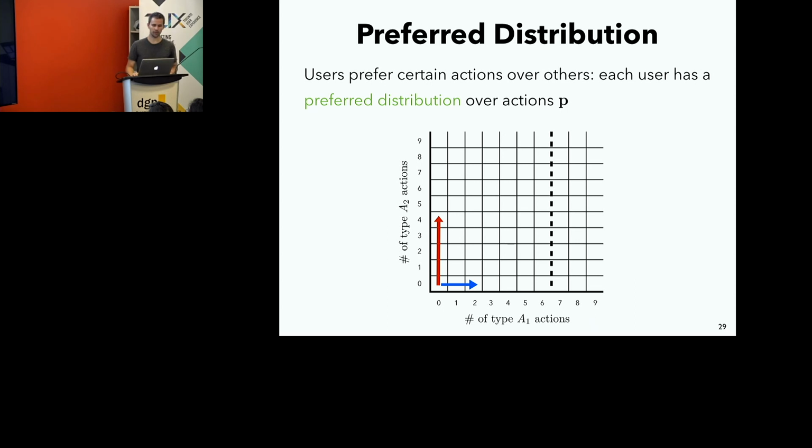And users also have preferences for actions. So the way we model this is that they have a preferred distribution over actions. So absent everything else, they would just choose to go in a certain direction in space. Here I'm going to represent that with this purple arrow.